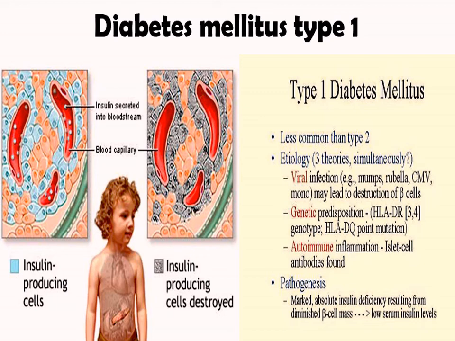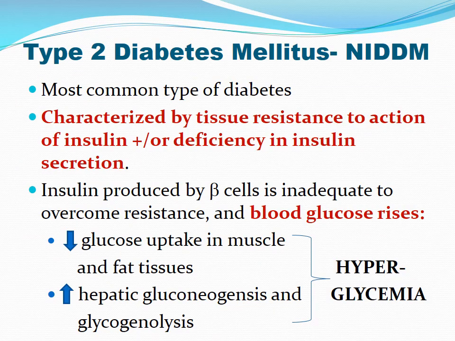This type of diabetes is characterized by absolute insulin deficiency resulting from diminished beta cell mass, leading to low levels or no insulin in the blood. The net result is hyperglycemia, an increase in the plasma glucose level.